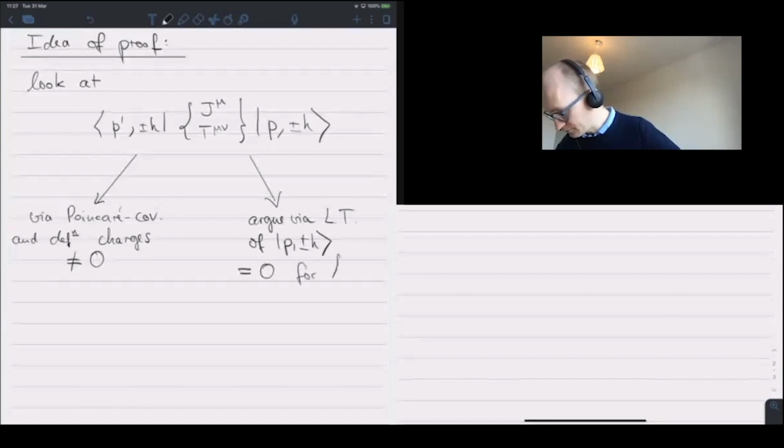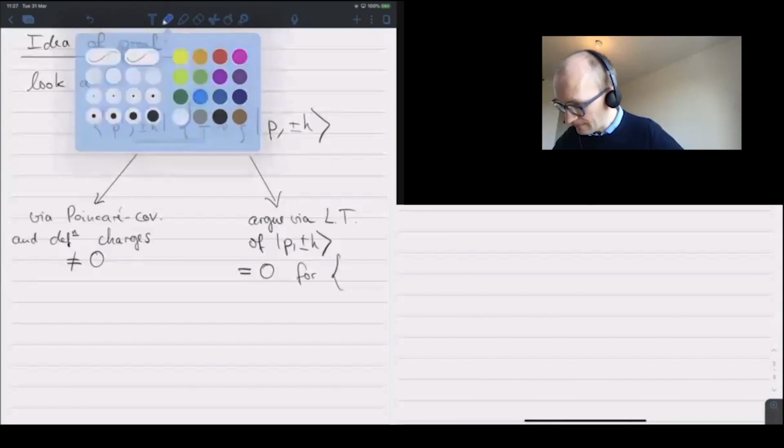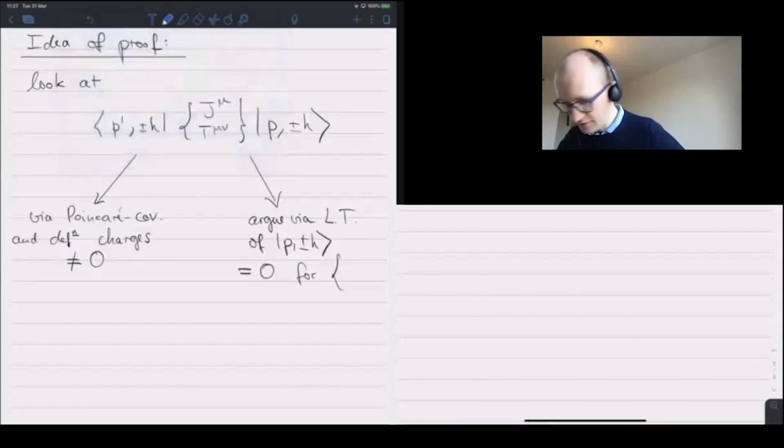Let's make J mu blue. In the J mu case, this has to be 0 if J is greater than 1/2. And in the black T mu nu case, this has to be 0 if J is greater than 1.